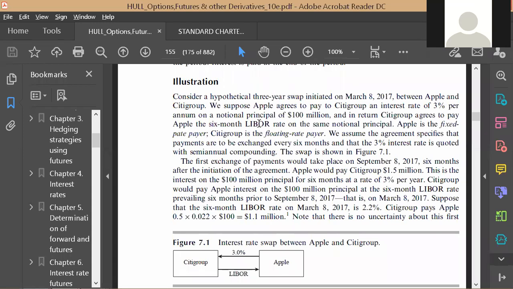In the case of Citigroup, it will be some figure which is more than once. In the case of 6 months, there will be 6 resets because it is 3 years and 6-month LIBOR. Whereas in the case of 3-month LIBOR, there would have been 12 resets. So it's a good question actually.